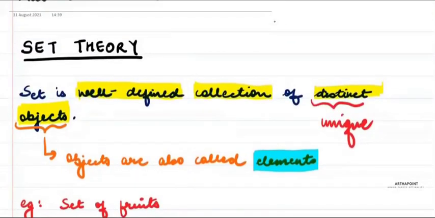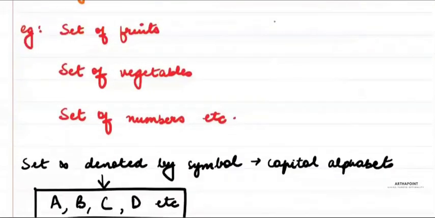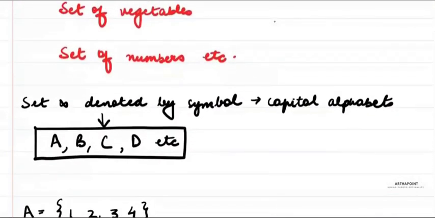If something does not have an element in it, if it does not have an object in it, it becomes an empty set. But if a set has an object in it, then that's the usual set that we are talking about. Okay. Now, sets are basically denoted by symbols.